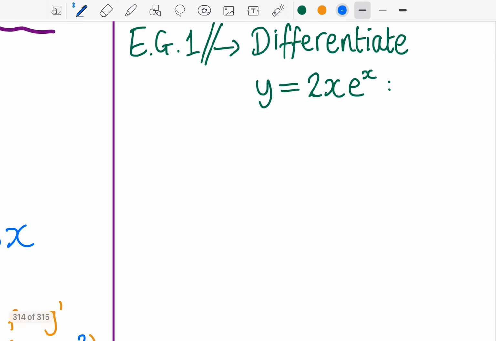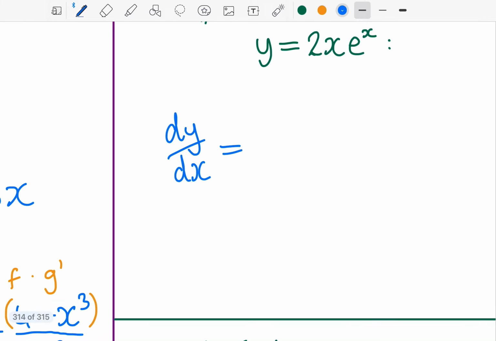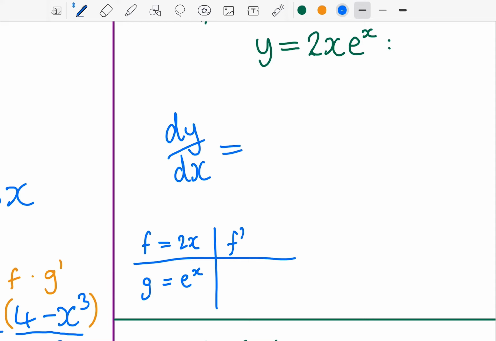So a couple of examples. If I was going to differentiate 2x times e to the power of x, I can label this f and g, and maybe I don't need to do it for this one, but a really good habit is writing it out in full with your 4 things that you're going to need: f, g, derivative of f, derivative of g.